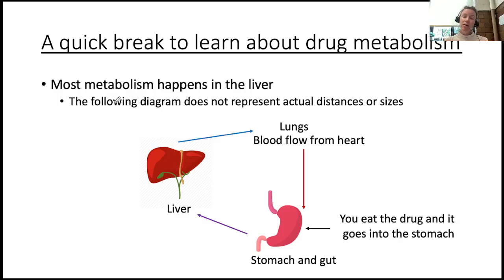So, many of the drugs that we take in our day-to-day life, we consume through eating them, right? You've probably swallowed a pill before in your life. And so, what happens when you eat the drug? So, in step one, you eat the drug, and it goes into your stomach. In your stomach and gut, this gets digested.